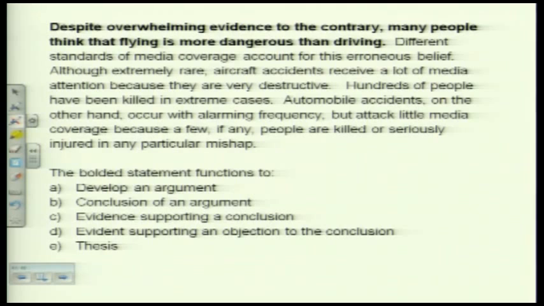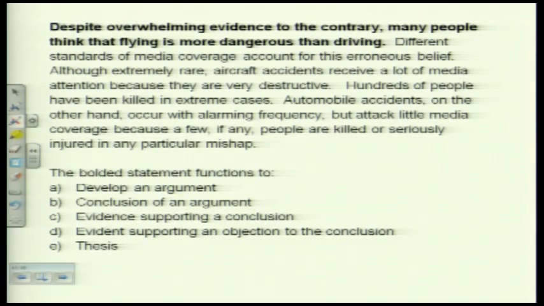Develop an argument, conclusion of an argument, evidence supporting a conclusion, evidence supporting an objection or thesis. So which one would you choose? Which one could you eliminate first?